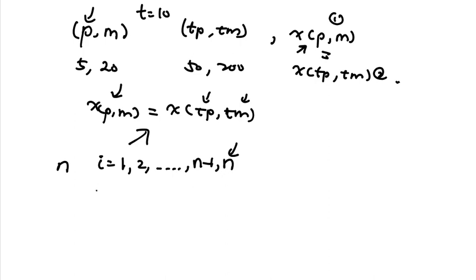Okay, then we may have this Marshallian demand function at prices P and also income M is actually the same as the Marshallian demand function when the price and also income increase proportionately by the amount of t, right?